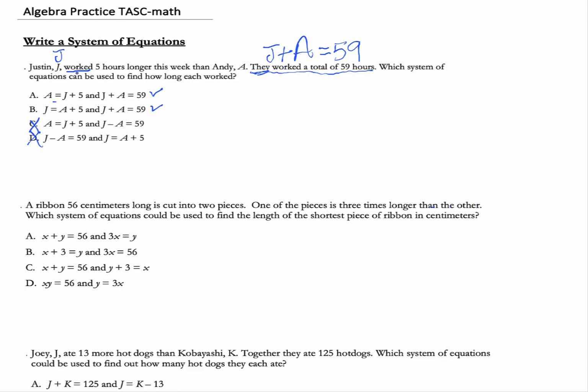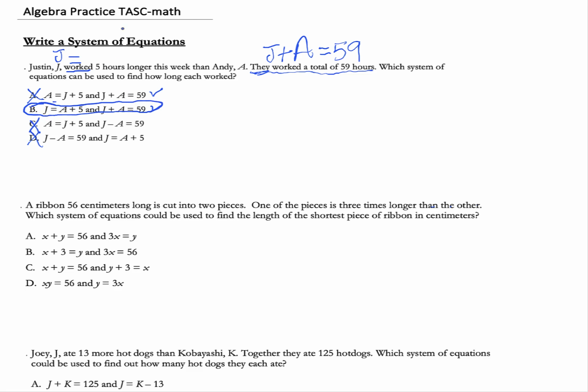So worked, I understand, is a verb, so that would be equals. So my answer should start with J equals. So remember, I didn't put anything else. I know it's going to be J equals. When I look at A, notice it says A equals. So I could eliminate that. My answer is B, and I didn't even have to finish it.